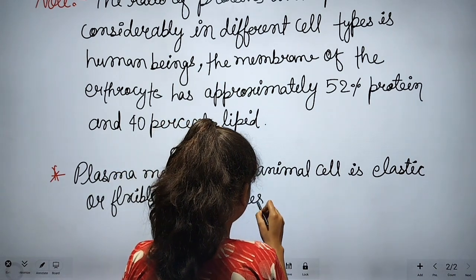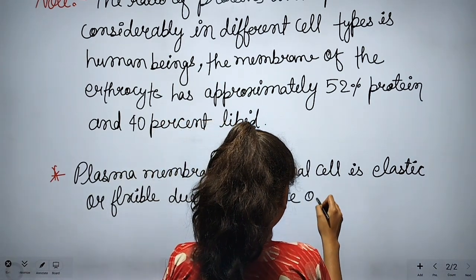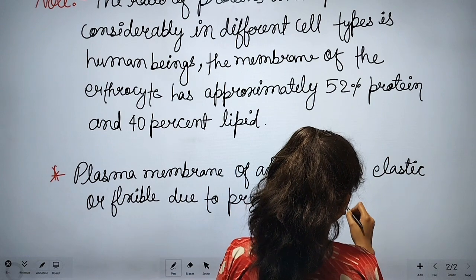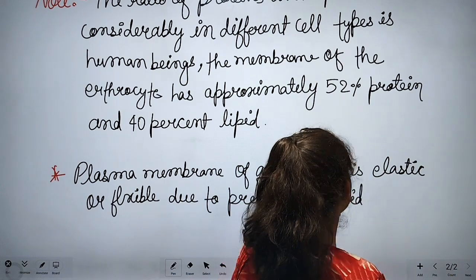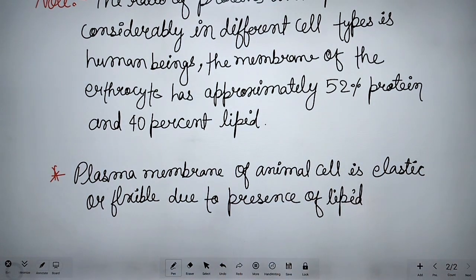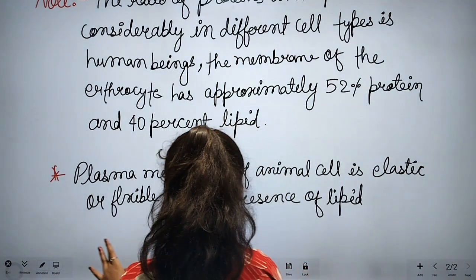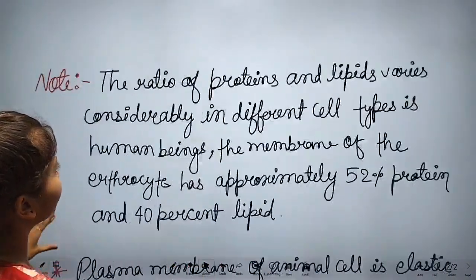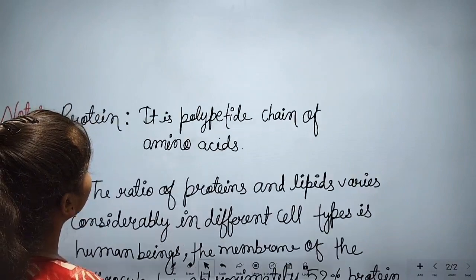Presence of lipid. Due to lipid, the plasma membrane of an animal cell is elastic and flexible. Okay, and now we have to discuss the structure of phospholipid.